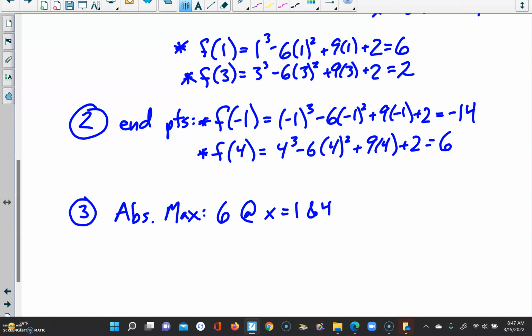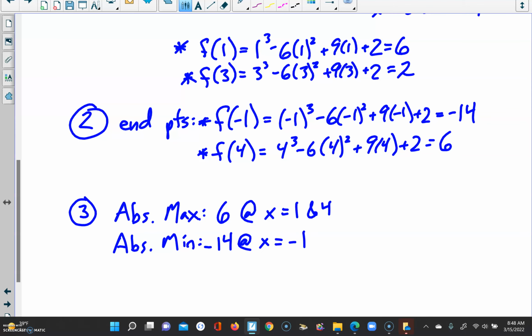Sometimes they'll ask for this, sometimes they won't, but I always like to point it out. The max is a y value and it occurs at a couple of different locations in the domain. And then the absolute min in this case is at negative 14. It only occurred at one spot, the negative 1.